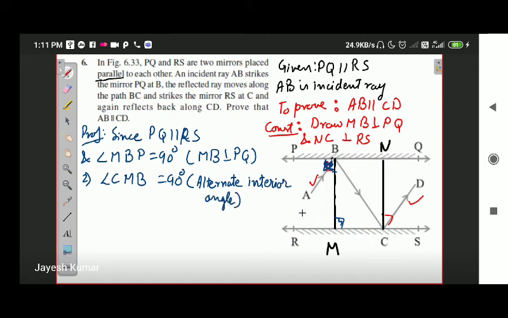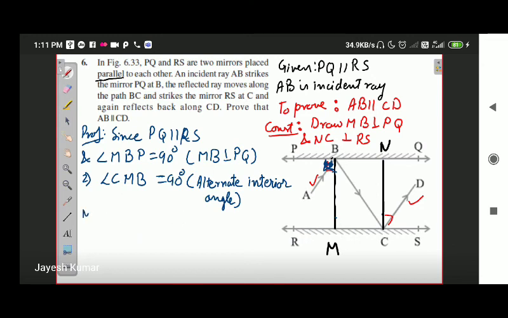So angle CMB is also equal to 90 degrees.